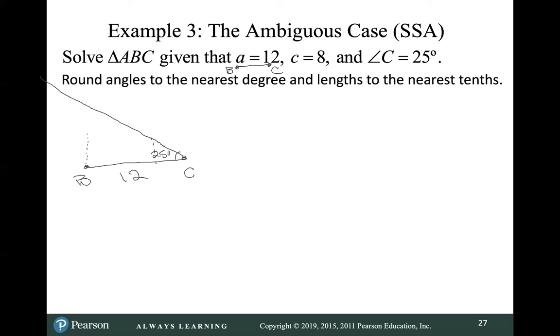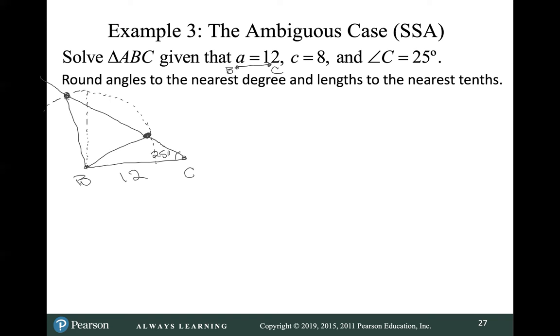So if I sketch this, think about using like a compass that's 8 units long, right? Then there's actually 2 places that I can put vertex A. And that's what it means by the ambiguous case. It means I don't have enough information to say what the triangle definitely looks like. There could be 2 options for this triangle.